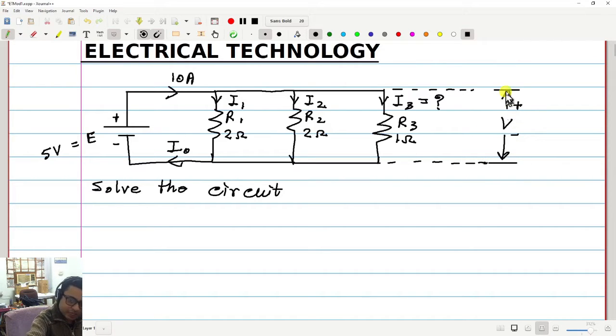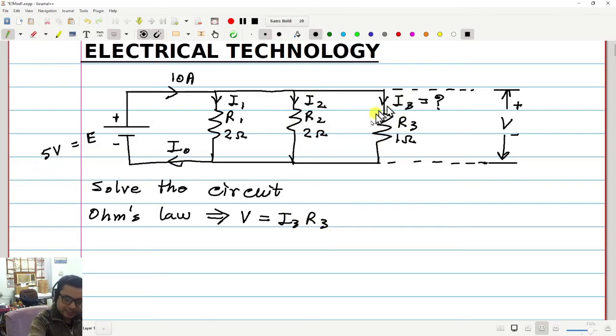Now, once I assume that this side is at V volt higher potential compared to this side, then immediately I can write using Ohm's law for this resistance that V will be equal to I3 multiplied by R3, right?